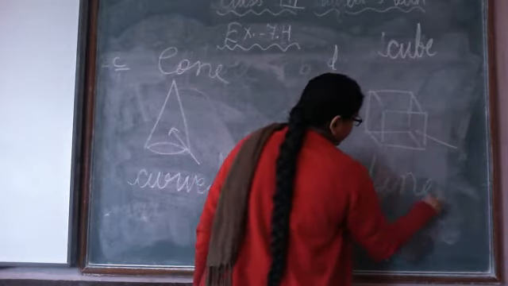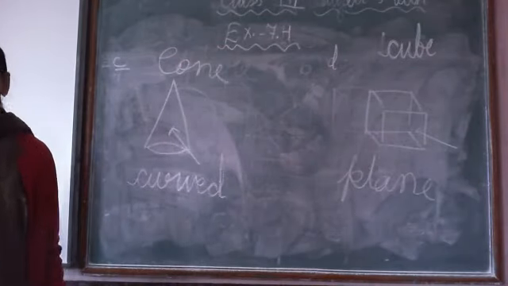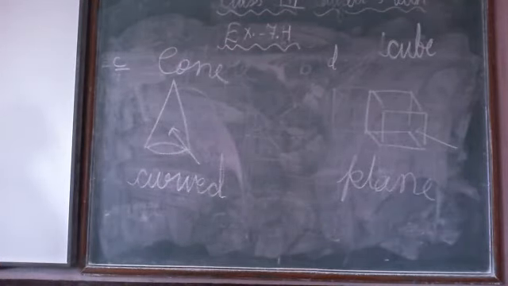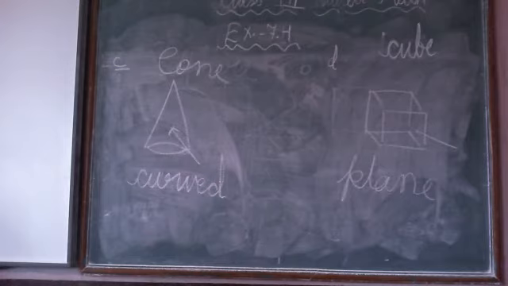Cubes, all the surfaces are plane surfaces. All the 6 surfaces of a cube are plane. Note down quickly.